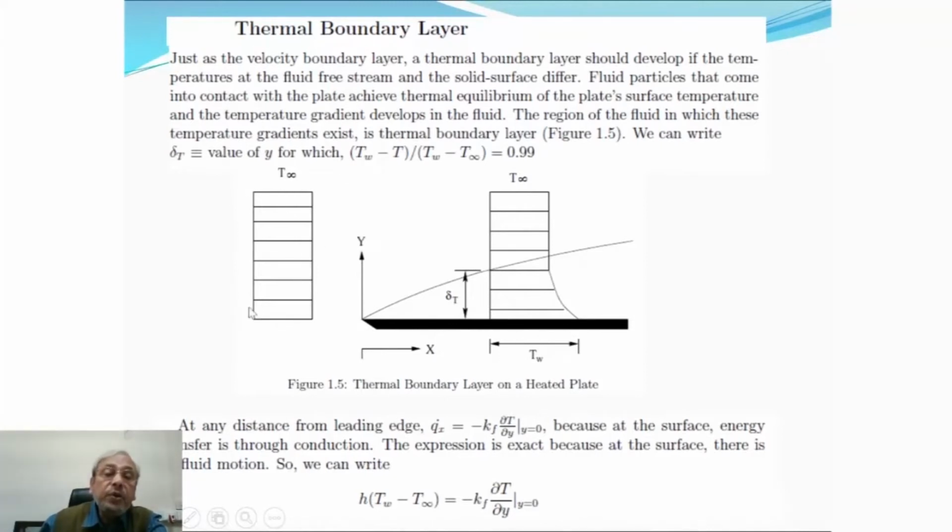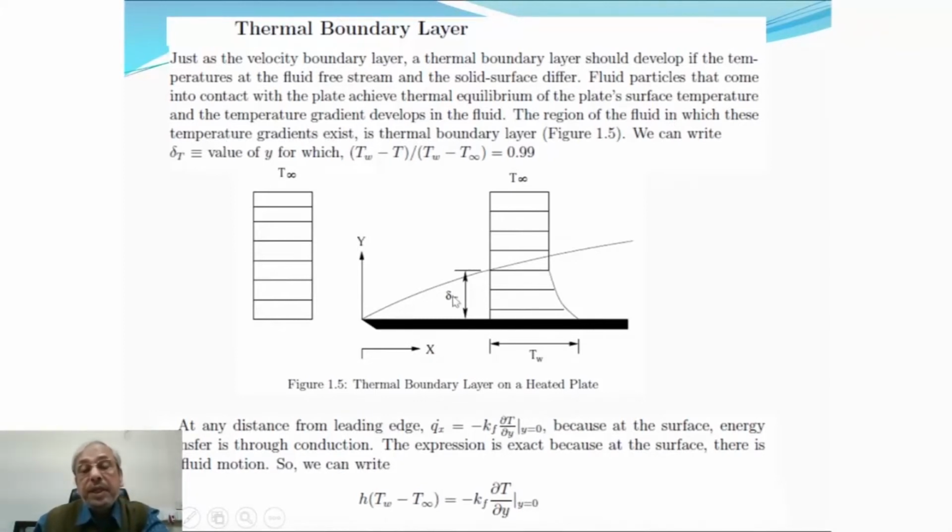And again, the approach flow temperature is T infinity. When it comes on it, since T infinity is less than Tw, heat transfer starts taking place, and the temperature adjacent to the wall also changes. This is the region of the fluid in which these temperature gradients exist.